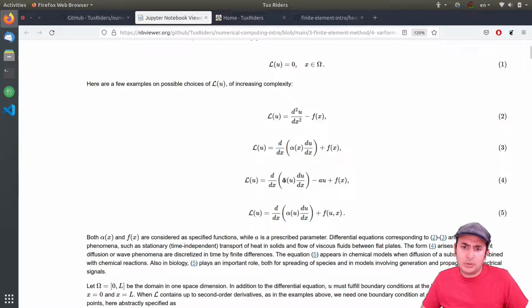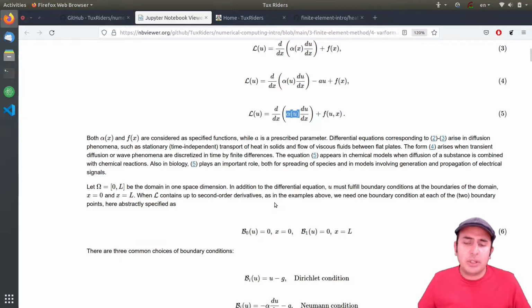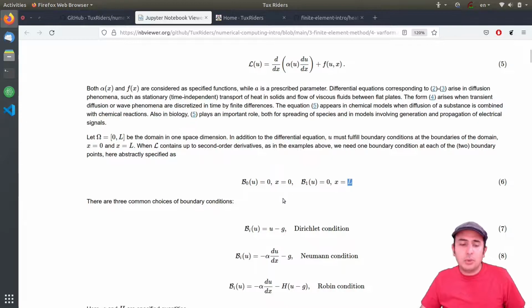It can also have a diffusion coefficient, which in this case would make it non-linear, but it doesn't matter at this point. And it can have boundary conditions like B(u) equals 0 when x is 0 and also when x equals L. So it's a one-dimensional case with length L, and we want to have the solution of u on that.